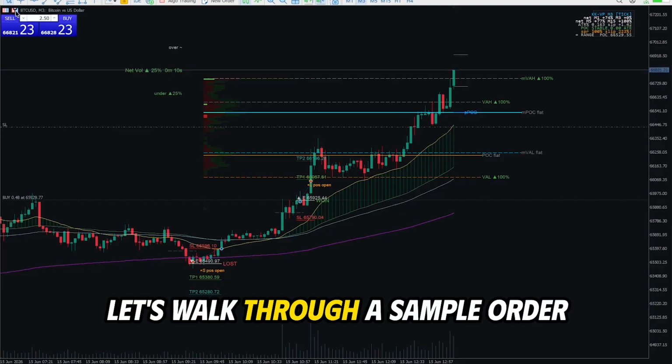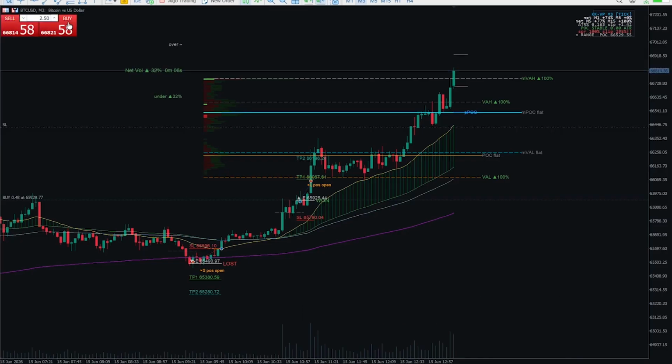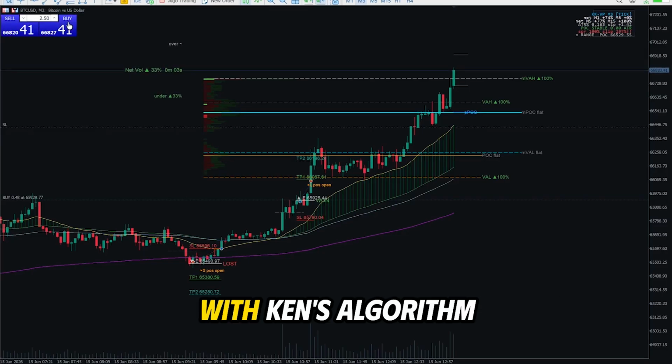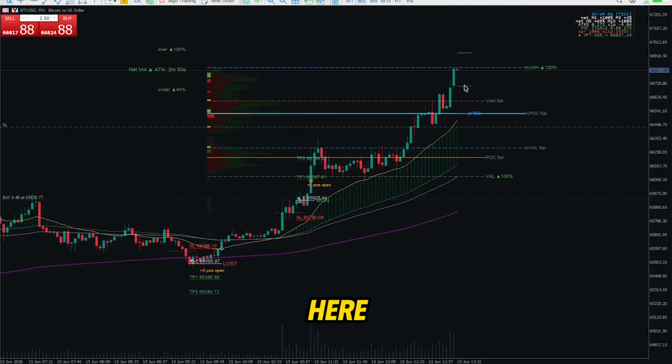Let's walk through a sample order like this to understand when to do what. With Ken's algorithm, the entry gauge is still sitting right here.